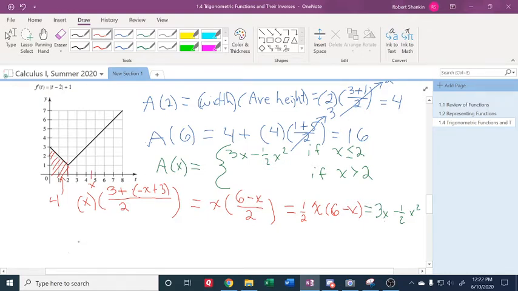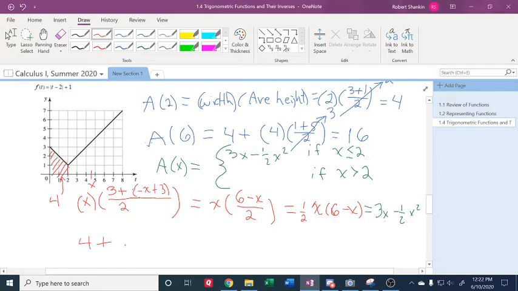So this area that's going to go into this portion right here is going to be at least 4. Then it's going to be more than that depending on the value of x. But we know that x is larger than 2 to use this.